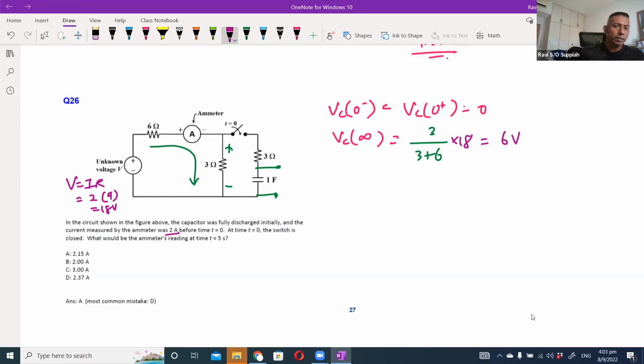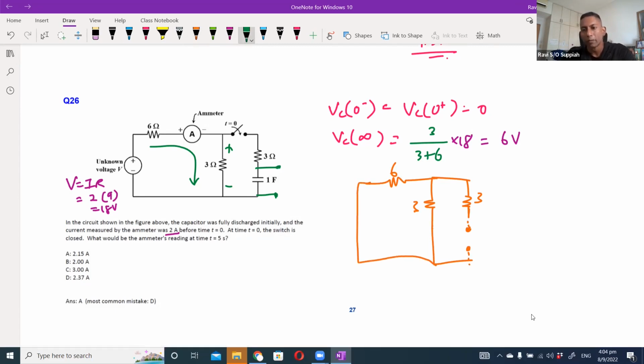Now the next step is to understand the transient. Whenever you talk about transient, you must always remember that the R must be the equivalent Thevenin resistance. So if I were to redraw this circuit, I will have something like this. This is the capacitor which I removed, the 3 ohm resistor, another 3 ohm resistor here, and another 6 ohm resistor here.